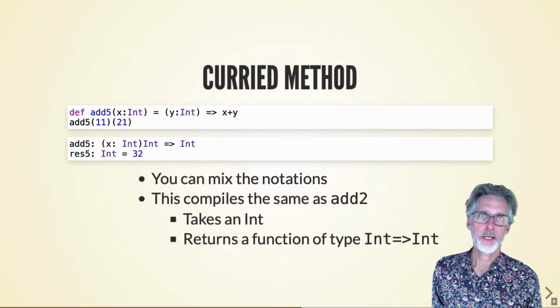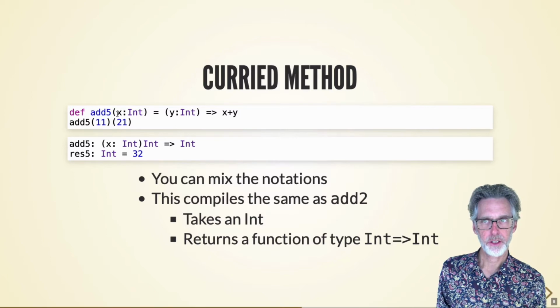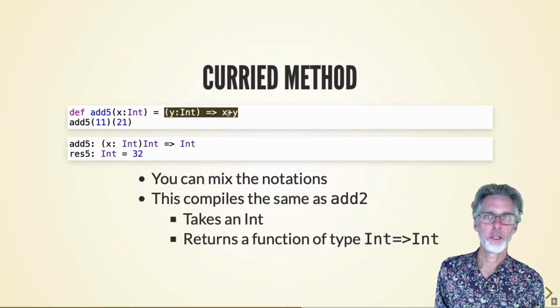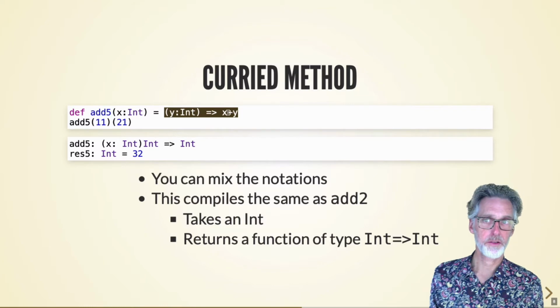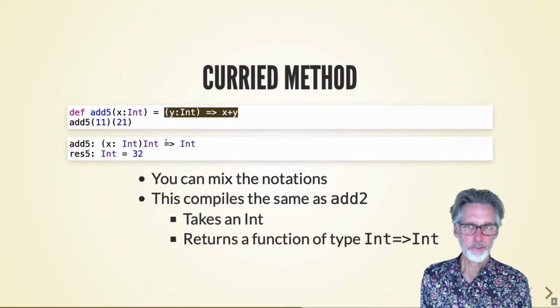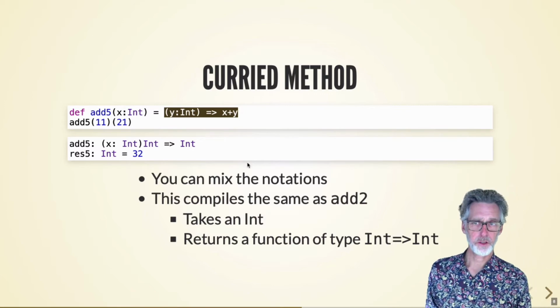We can also write a method that returns a function. Add5 here is a method that takes an integer and returns a function that expects an integer and returns their sum. And the type you can see here is a little bit different than the type you get for add2.